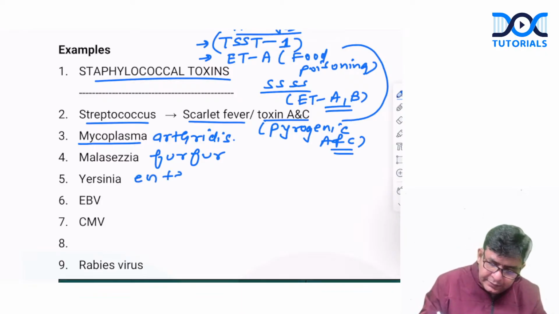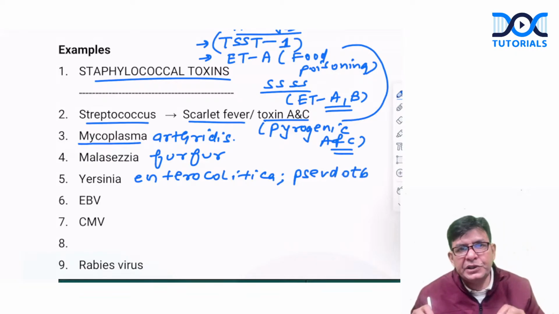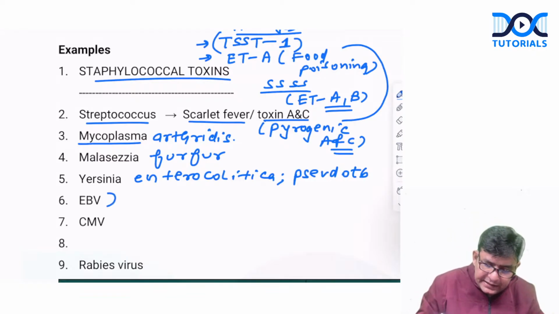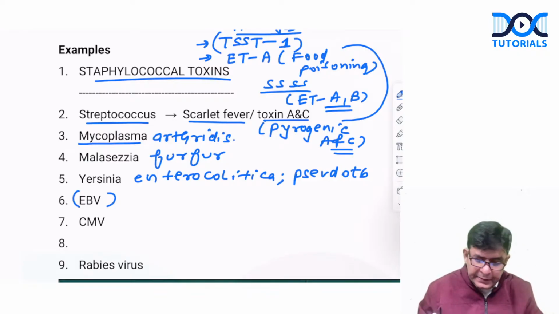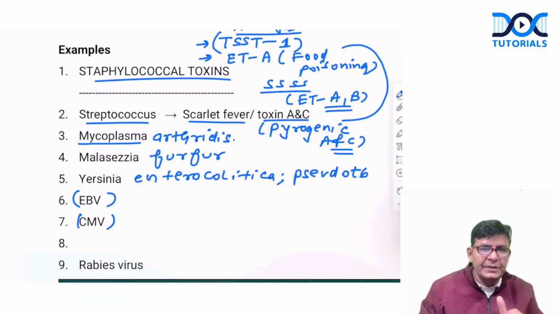Yersinia enterocolitica or Yersinia pseudotuberculosis, these two Yersinia species can behave like a superantigen. Remember this fact also. Epstein-Barr virus, sometimes. Cytomegalovirus, that is human herpesvirus 5. Epstein-Barr virus is human herpesvirus 4.